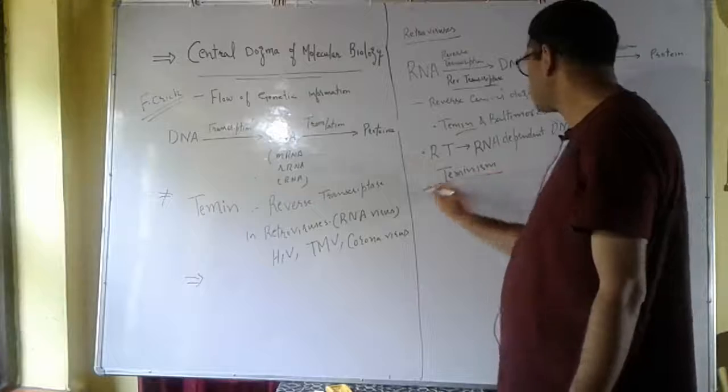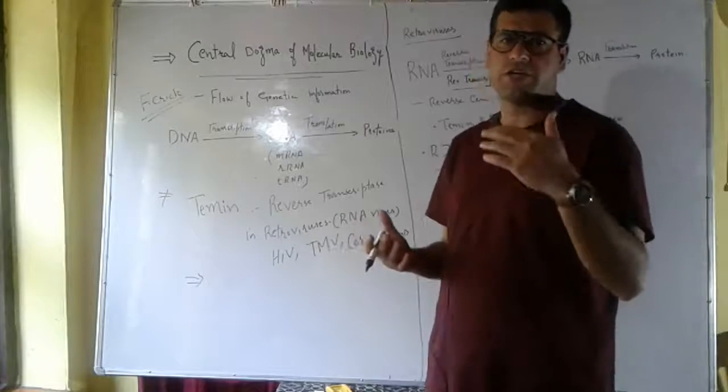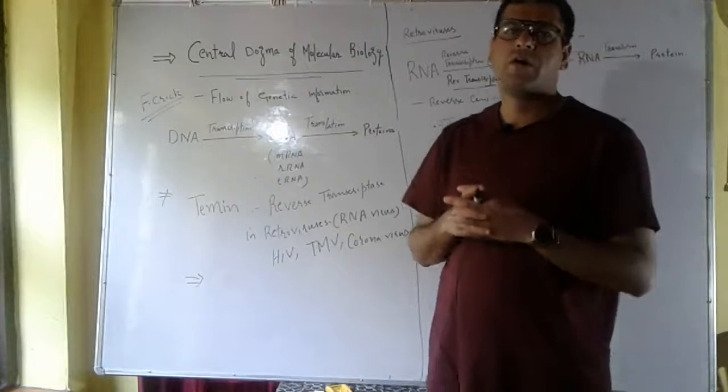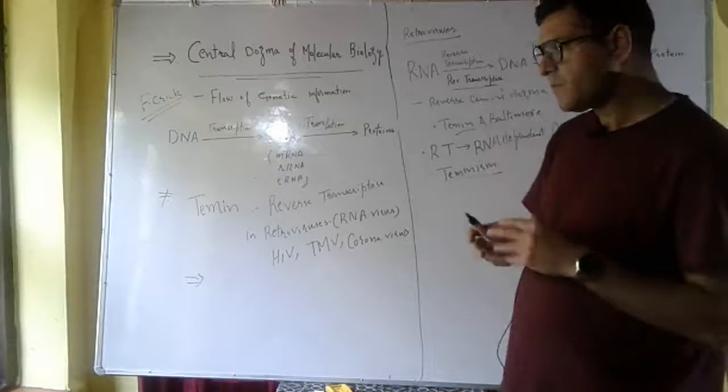What do we mean by Teminism? Teminism is simply reverse transcription. This occurs in case of retroviruses, where RNA acts as a genetic material.